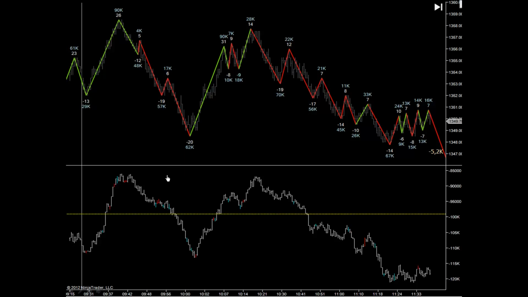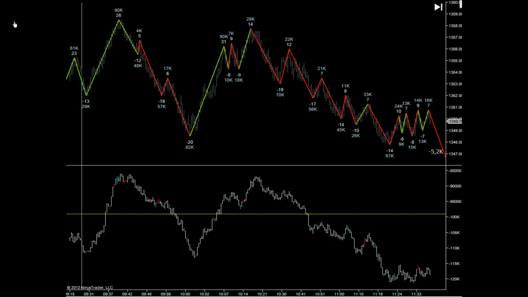So let's look at this first swing down. We've got a high of around 1359 here, and we end up moving all the way down to 1348. As well as the cumulative delta, we're also going to take a look at the volume and some of the other things that we've identified as being essential to spot a reversal.